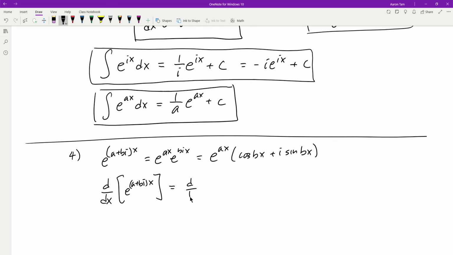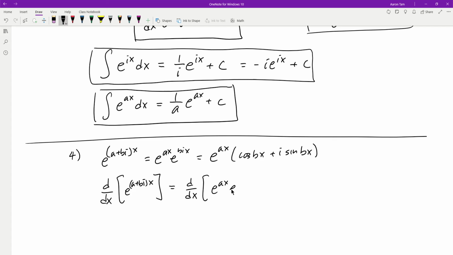And we'll take the derivative of e to the (a plus bi)x. That means I'm taking the derivative of, and yes, I know the video is already past 30 minutes, but I just want to finish up this part, and then that will be it for today's video. That will mean d over dx of e to the ax cosine bx plus i. Oh, actually, you know what? Maybe I'll do it this way.